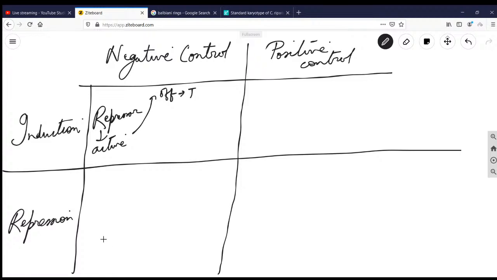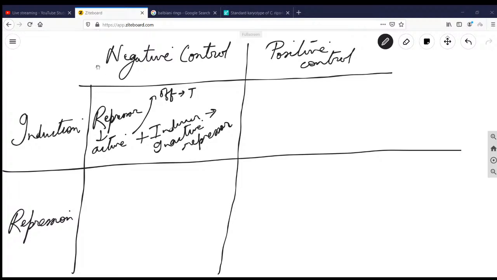Now when I add the inducer, beta 1,4-allolactose, or IPTG in case of blue-white screening, the inducer binds to the active repressor, and we make it an inactive repressor.